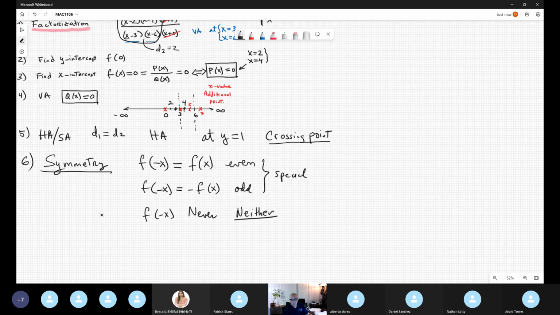How do you take advantage of this? Suppose that my function is even. When it's even, it's symmetric with respect to the y-axis. So suppose one function is like that, and you determine algebraically that it's even. Then I suppose the graph looks like that.